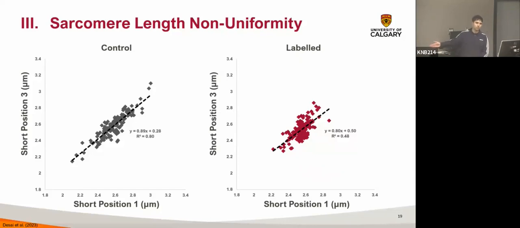In a control measurement in our phase contrast images, you might measure 2.9 or 3, slightly inaccurate, whereas in the labeled sample you're exactly on the dot. Even though in both samples we tried to bring the mean sarcomere length to 2.5, maybe we have more spread in our controls and less spread in our labeled measurements, and that's why it looks a little more clustered.